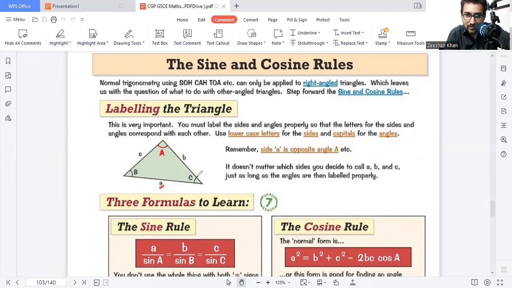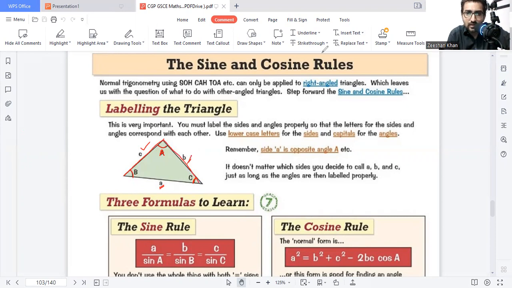Now you can see here, this angle is labeled as C, and opposite to this is the line c, and this is angle B, and opposite to that is the line b.